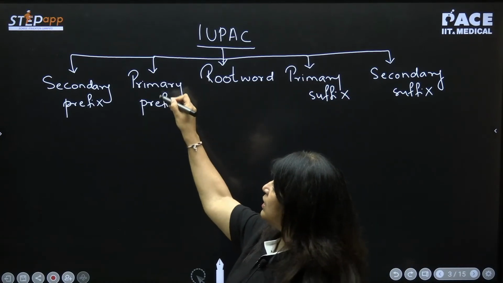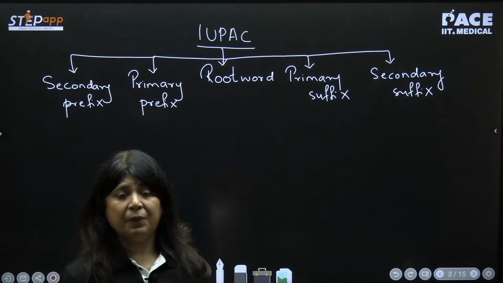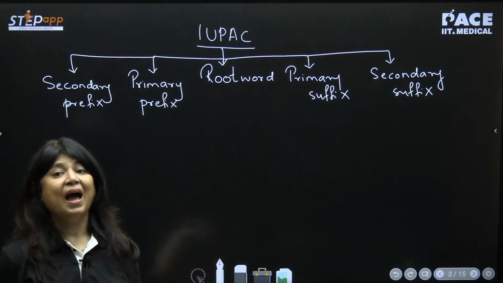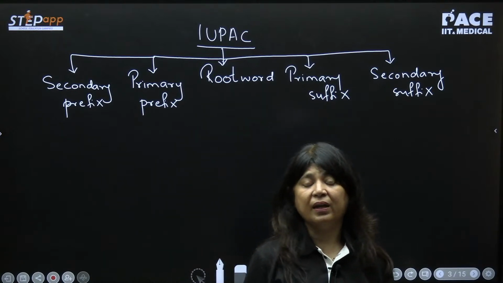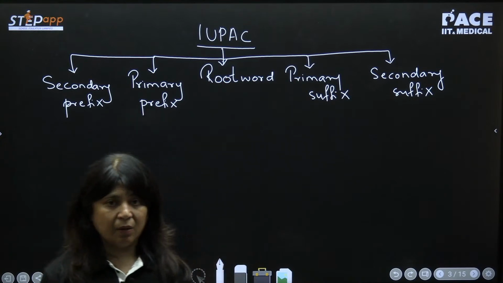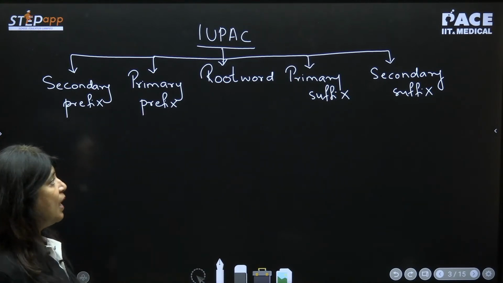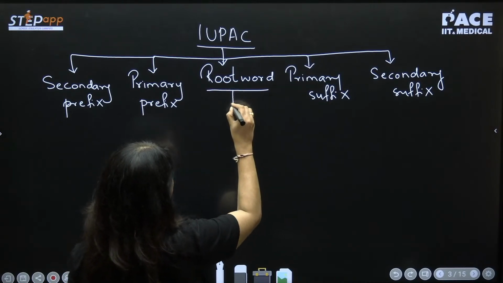Now these will depend on the structure of the organic compound. That means the primary prefix, secondary prefix and secondary suffix may not be there in the naming of organic compounds if those particular features are not there in the compound. Okay, first let me start with the root word. This is the basic essential part of the naming.